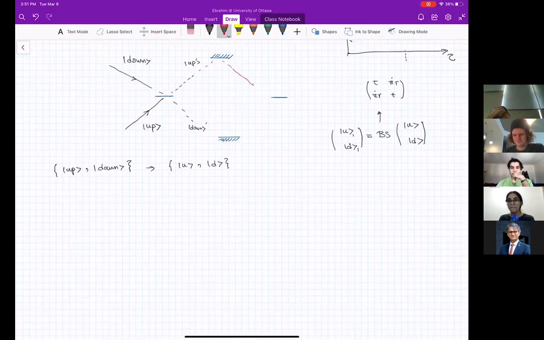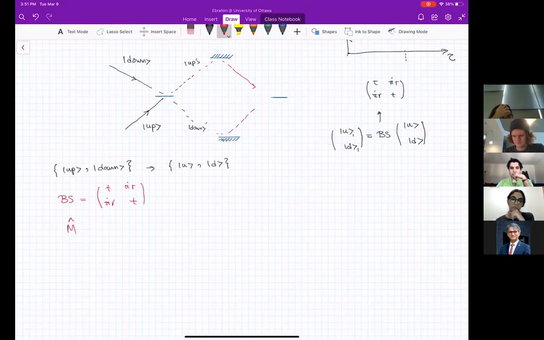Lovely. So what it does, if you have a U prime and D prime, it will bring them to a U second and D second, right? So this is the action of the beam splitter. So the beam splitter action, it is clear, is T, iR, iR, T. But now let's look at the action of the mirror.